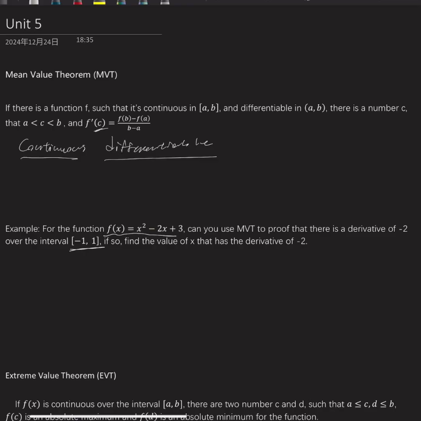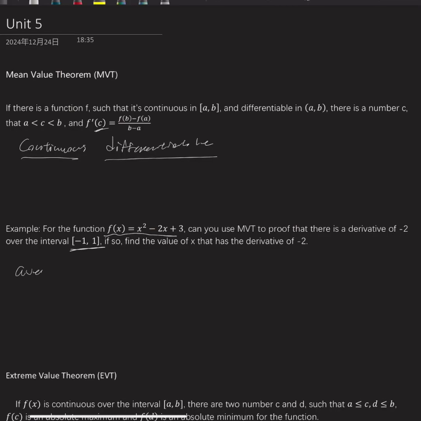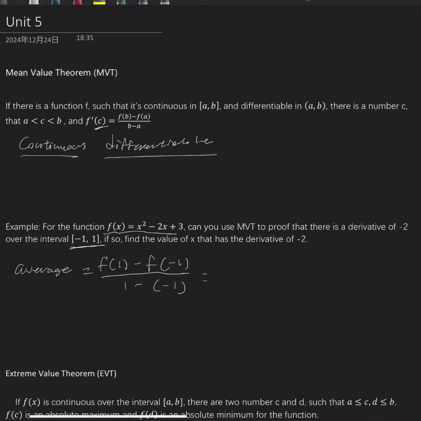So MVT applies here. So let's find the average rate of change. If you recall, it's the change in y over change in x. So it's f of 1 minus f of -1 over 1 minus -1. If you substitute 1 in f of x, that will give you 1 minus 2 plus 3.